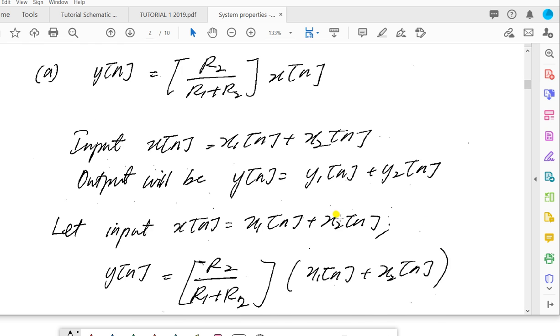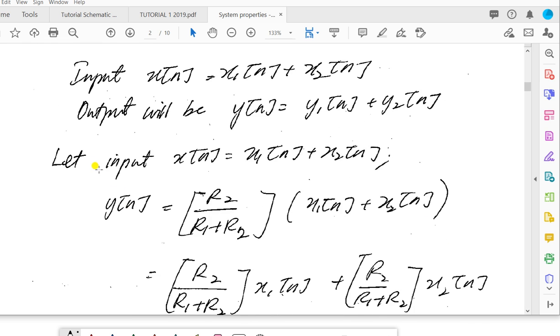You have to write it like this for your assessment, because otherwise it will not be clear what you are doing if you don't describe. Let input x[n] equal x1[n] plus x2[n]. Some of you have asked me whether your working is correct or not, and I say it's not accurate because the main reason is you don't tell me what you are doing.